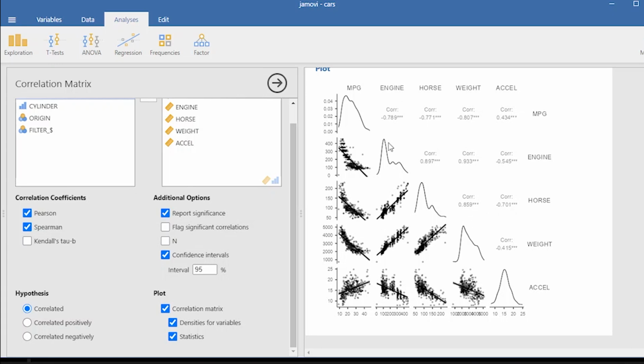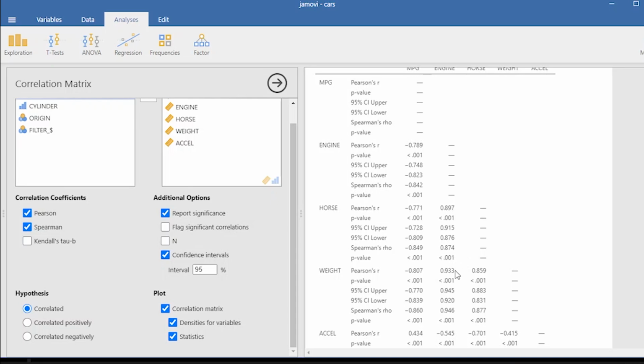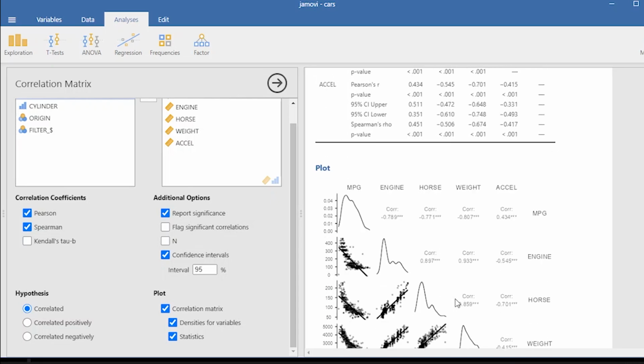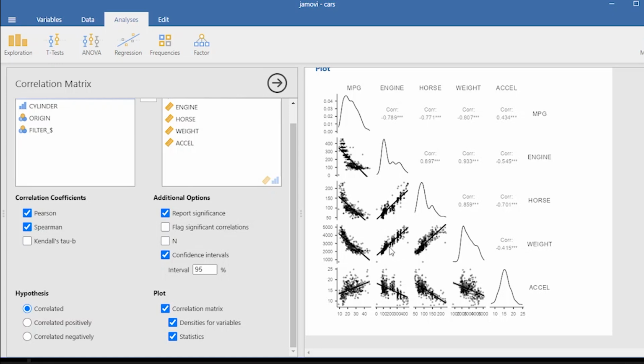If you look at the engine size with the horsepower, they are positive. So the larger the horsepower, the larger the engine, strongly correlated. Then you look at miles per gallon against the weight. The negative relationship is obvious. The engine against the weight, wow, they're strongly correlated. 93% correlation. That's why you can see they're almost perfectly together.